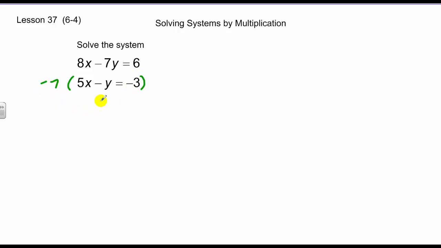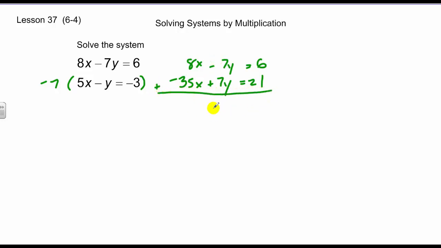And in so doing, I would get negative 35x, positive 7y, and positive 21. And if I look at the top again, I have 8x minus 7y is equal to 6. And you'll notice now I have opposites. So I can add these up.